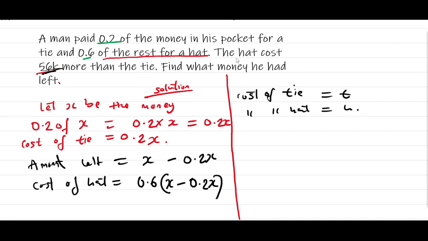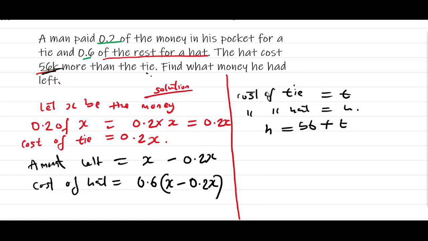Because the hat costs 56 kobo more than the tie, if you add 56 kobo to the tie, you get the amount you bought the hat. So this tells us that the amount for the hat is equal to 56 kobo plus that of the tie.